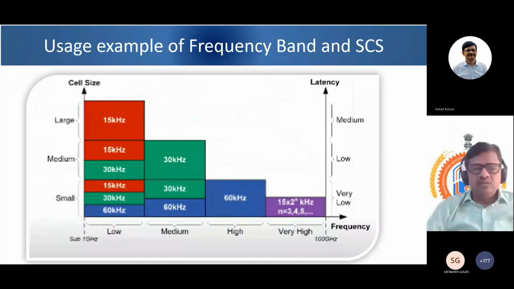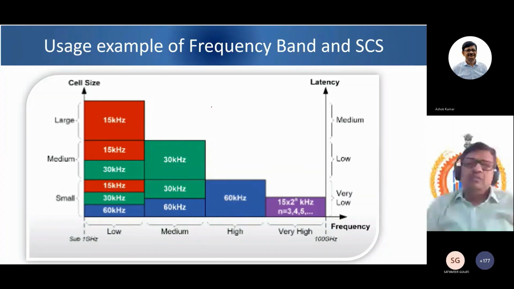Okay. Now let us look at this picture very carefully. I have taken this picture from a very good training company called Empirical. On their website, they have a very nice video on numerology and all.